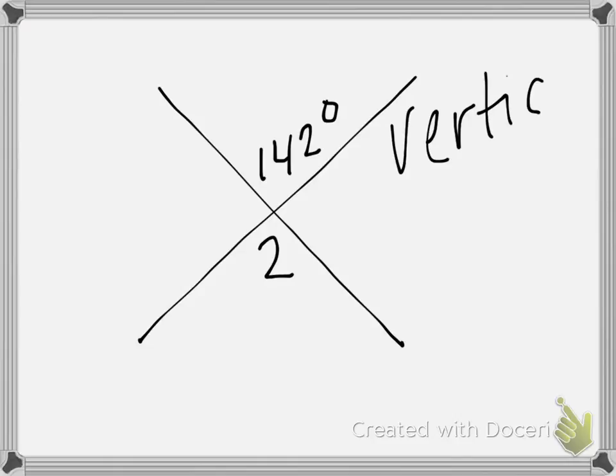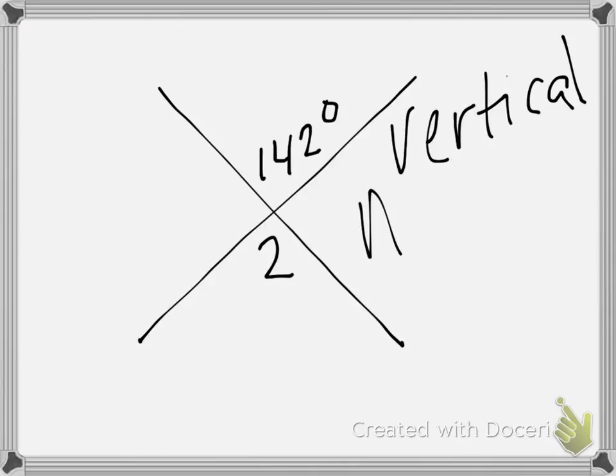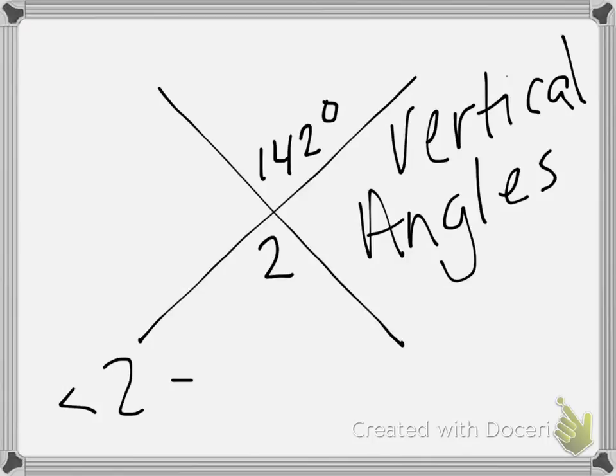Vertical angles are congruent. Remember, congruent being same size. So if angle 2 is congruent to its vertical angle, that means that angle 2 is 142 degrees. So what is the measure of angle 2? 142 degrees.